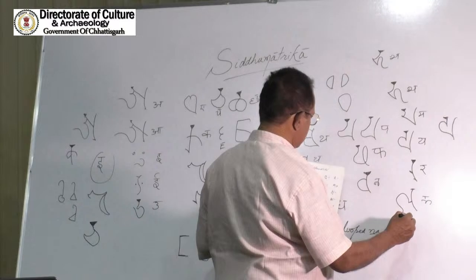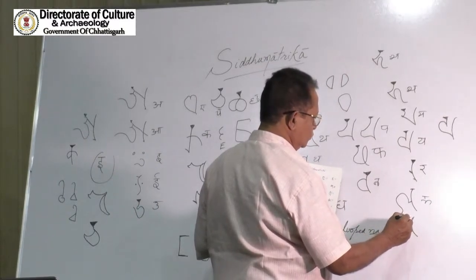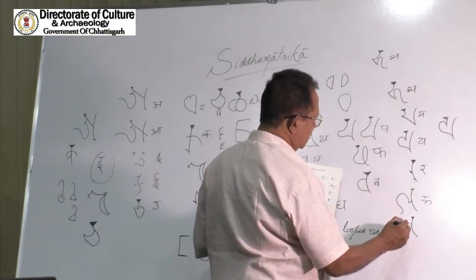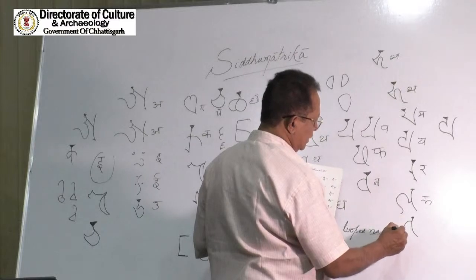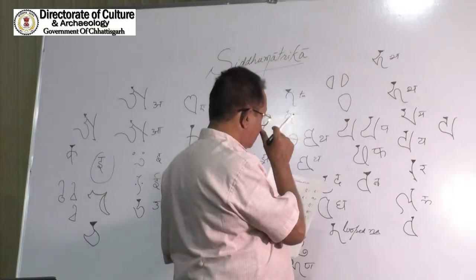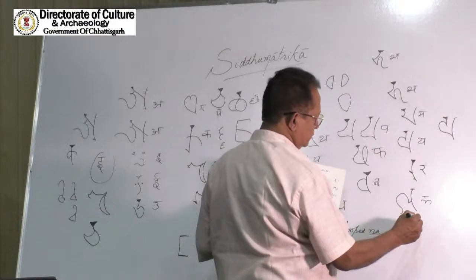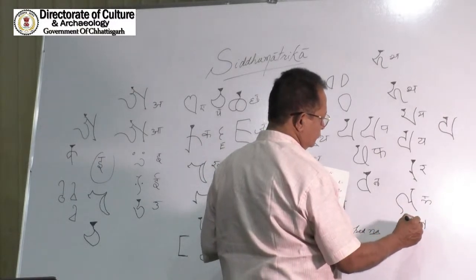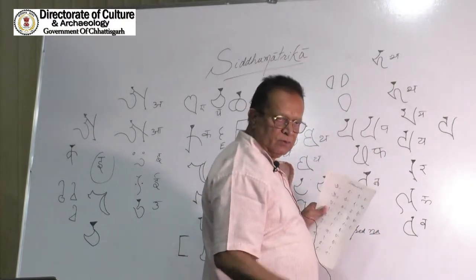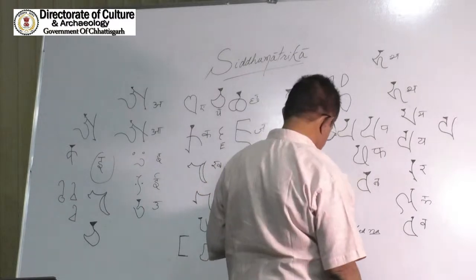Va is written with a curve, and then va and ba almost same, so there is bound to be confusion. They almost appear the same, va and ba. You decide as per the context.